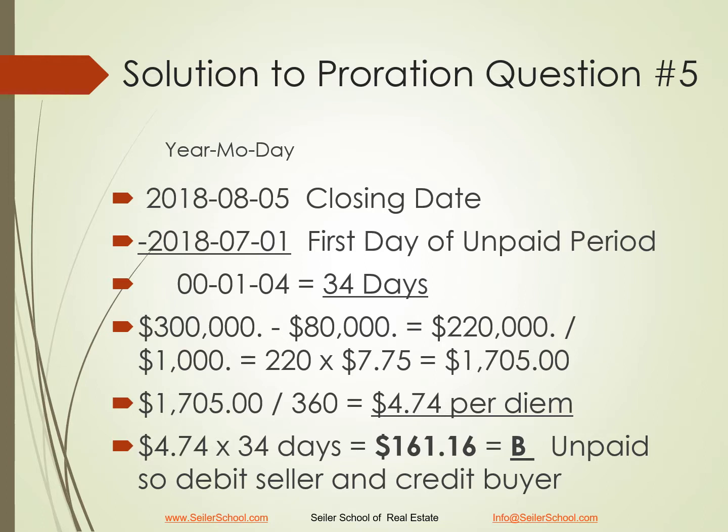B. Since it's unpaid, it's in arrears, so it's a debit to the seller and a credit to the buyer. I hope you followed me all the way through on that one. Several steps, but it's our basic formula: figuring out the number of days, the cost per day. Number of days times the cost per day equals the total.